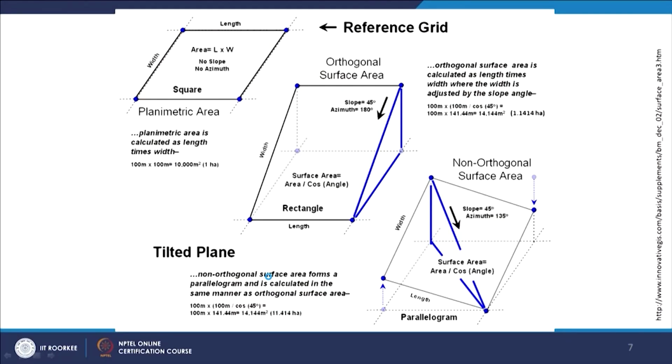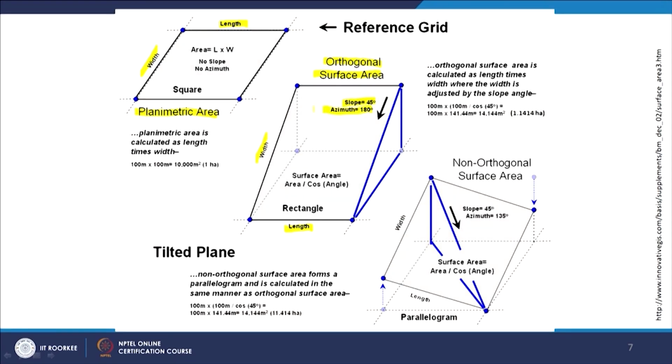Now I would like to add a little more complication here. In planimetric area, you just multiply length and width and you get the area. But if the surface is orthogonal, that means you have an inclined surface in an orthogonal fashion, then again you can calculate it with length and width, where the slope is 45 degrees and the azimuth, that means with reference to the north, is 180 degrees.